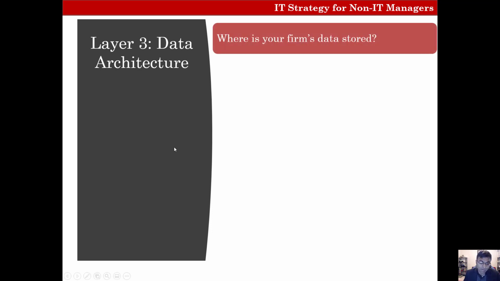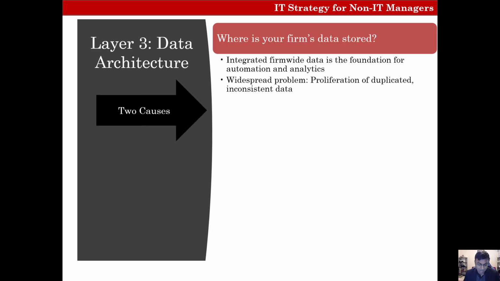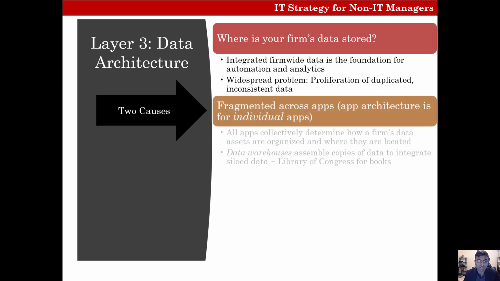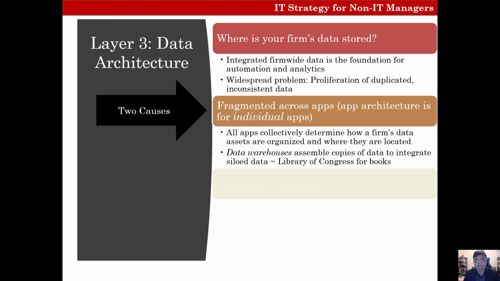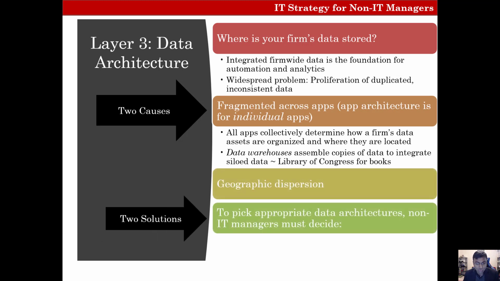However, the prevalent problem in firms is proliferation and duplication of and inconsistent data. This problem is caused because of dispersion of firms' data across applications and then across geographic regions. There are two solutions to it.